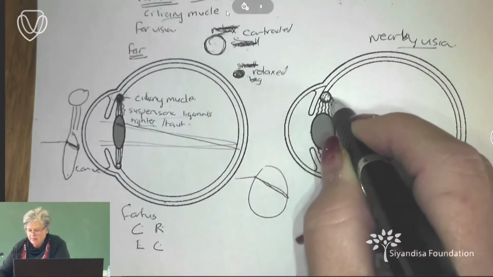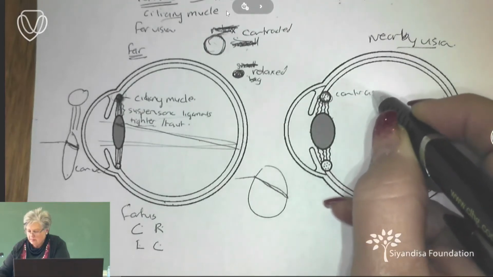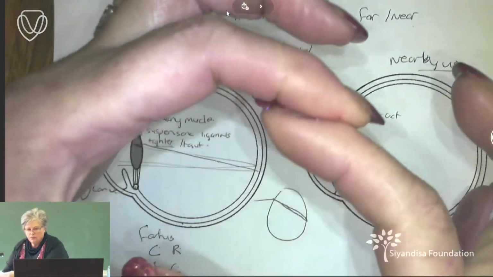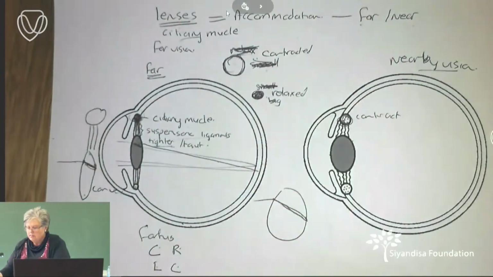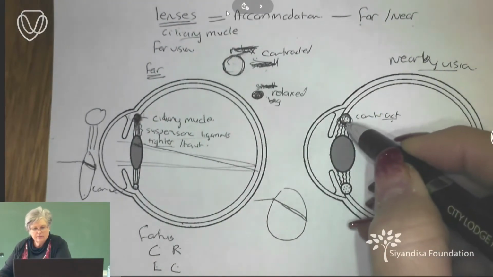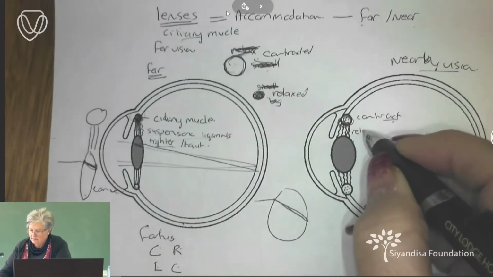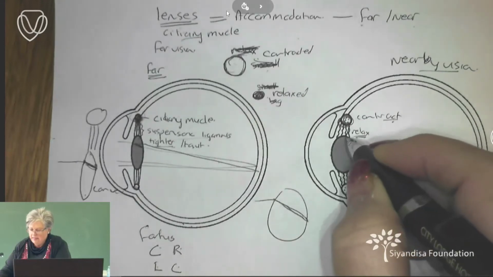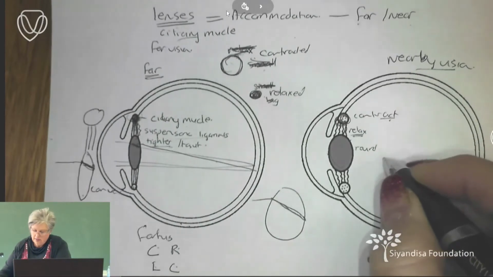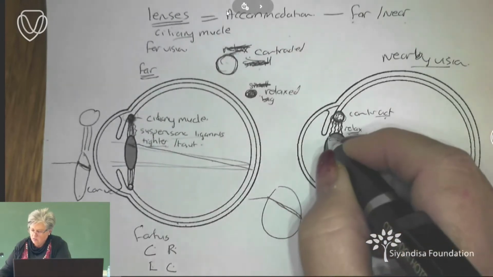When we look at nearby vision, the ciliary muscle, can you see there it's big, so it has contracted. If we think back to the rubber band, it has been pulled from this size to this size, so it contracted. If it contracts and is big, then the suspensory ligaments relax or become slackened, and the lens is more round, or we call it more convex.